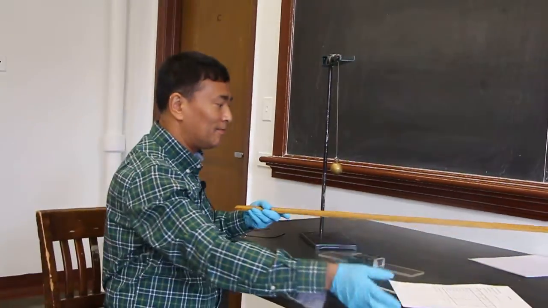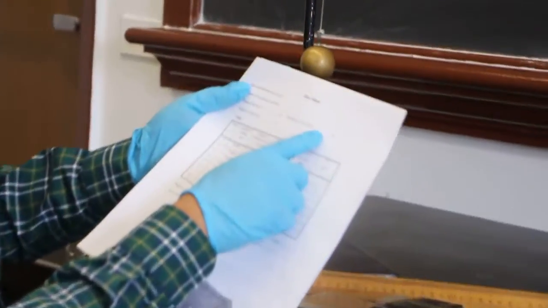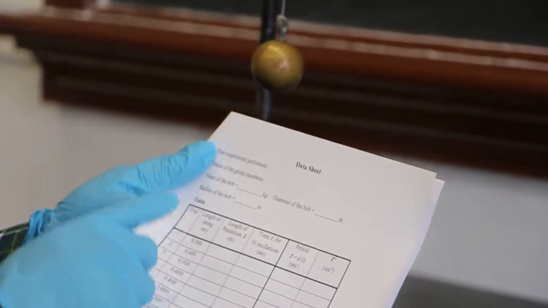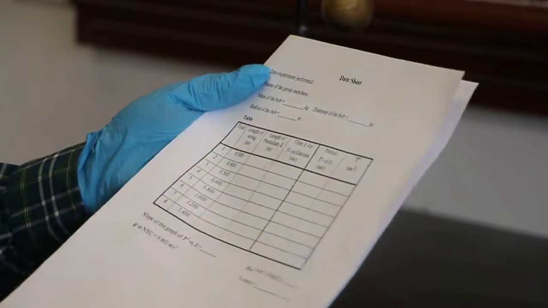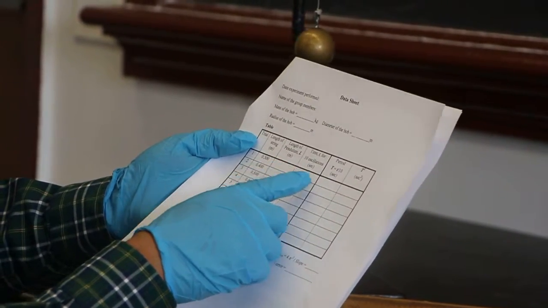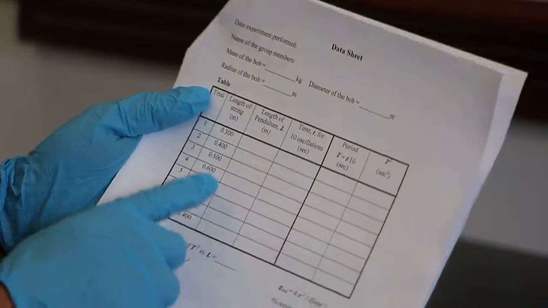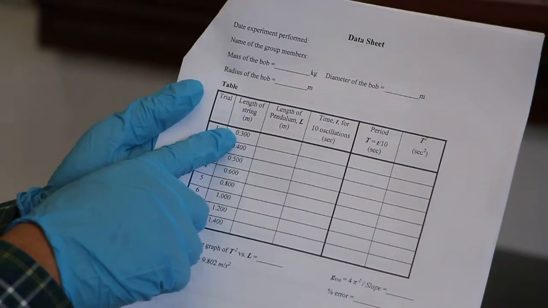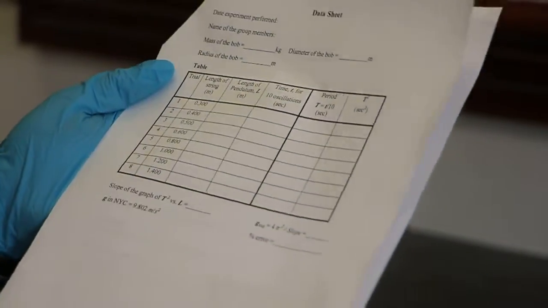So you have to write down the diameter of the bob is 3.5, and then the radius of the bob is half of that. That radius we have to add to the length of the string, and that's the length of the pendulum.